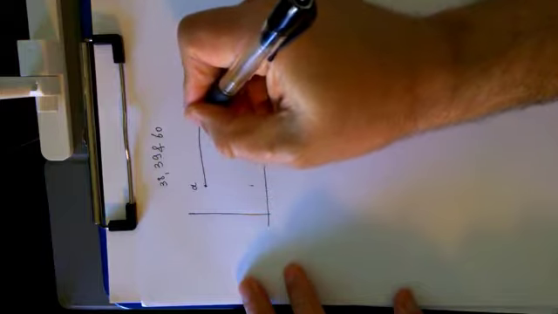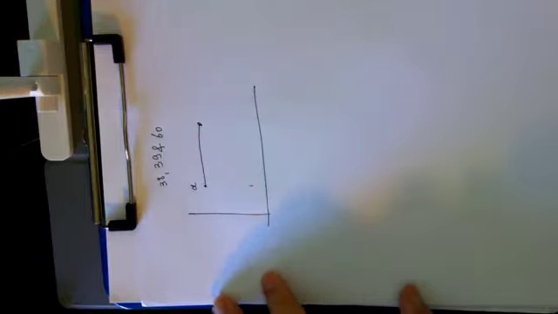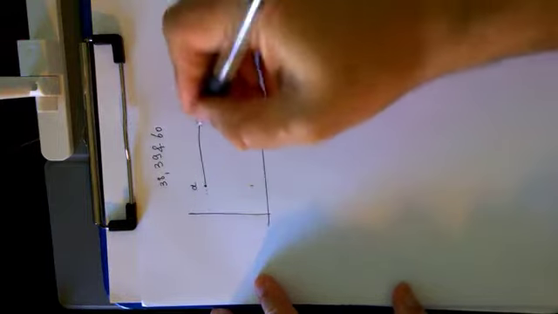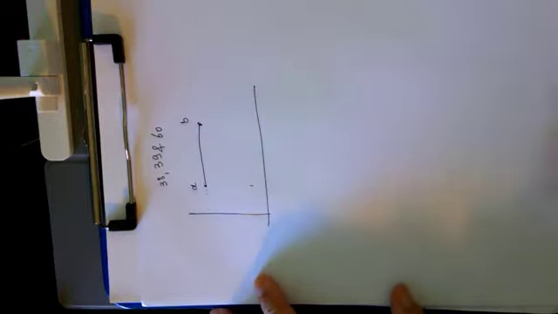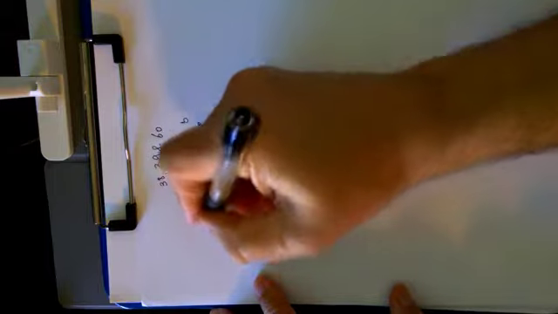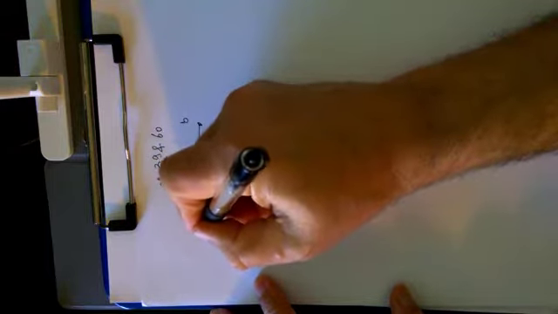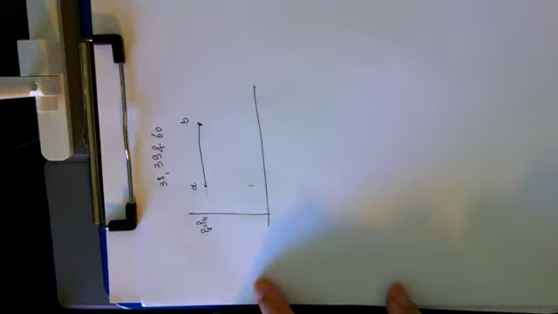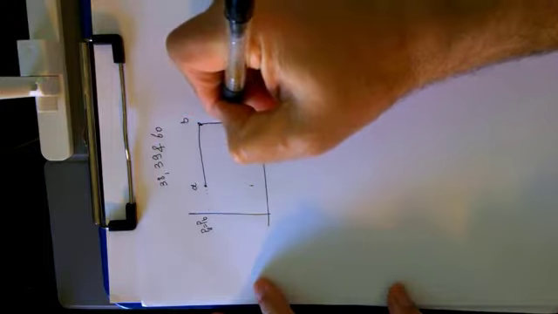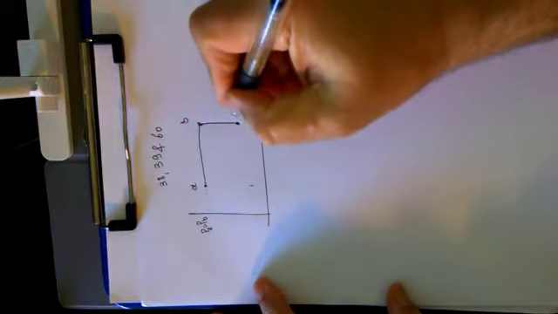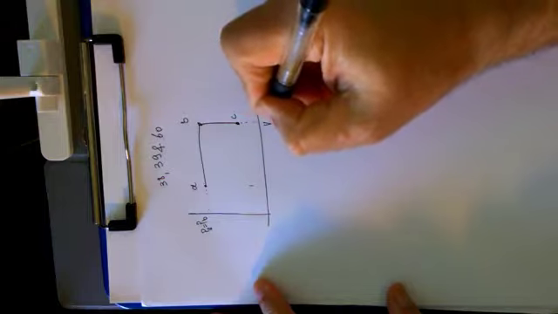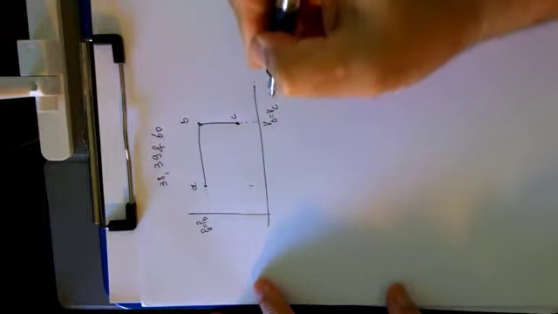It doesn't say it specifically, but the portion of the process from A to B is at constant pressure. So P is constant, PA is equal to PB. And then it goes to a point C at constant volume. So again, the process from B to point C is at the same volume. In other words, VB is equal to VC.